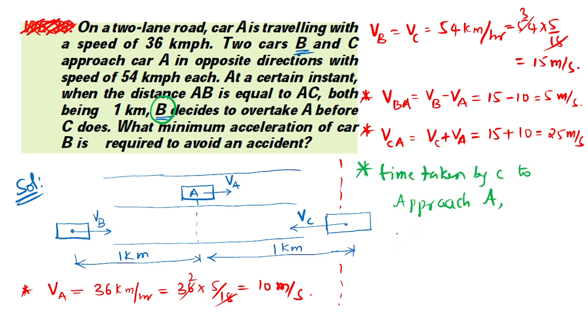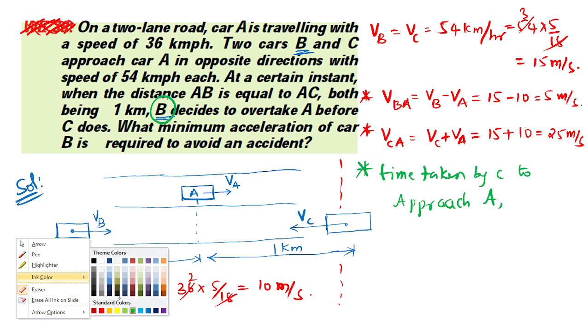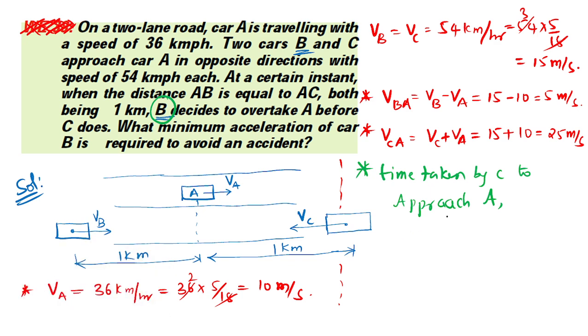Time taken is simply constant speed only. So T means distance divided by the relative velocity. The distance between them is 1 kilometer, right?